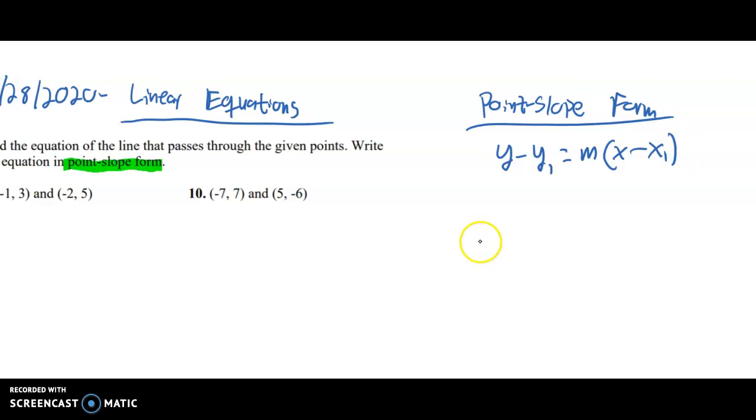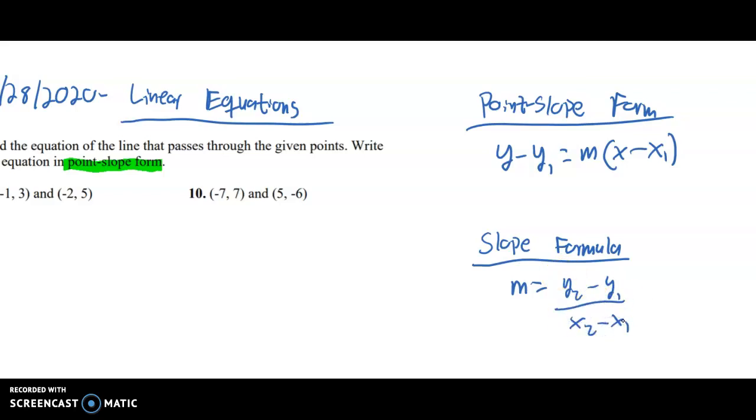Let's also remind ourselves of our slope formula. That's y2 minus y1 over x2 minus x1. Great.